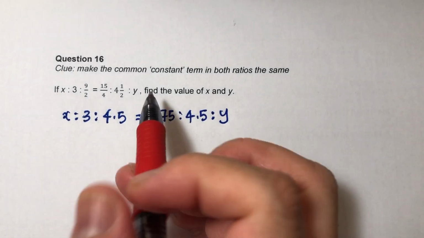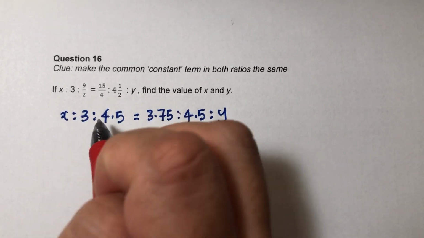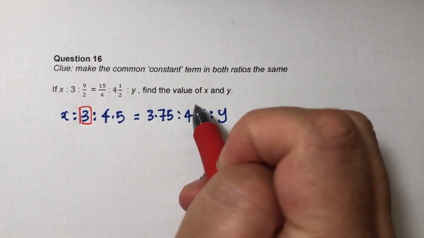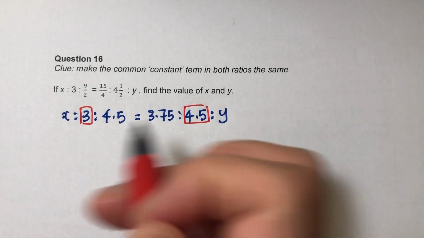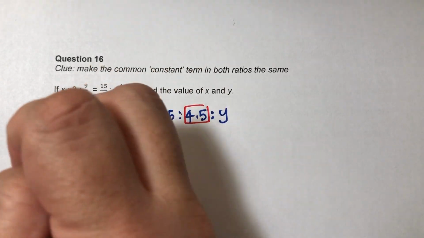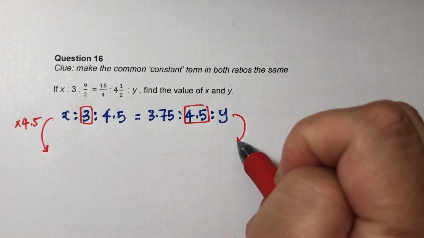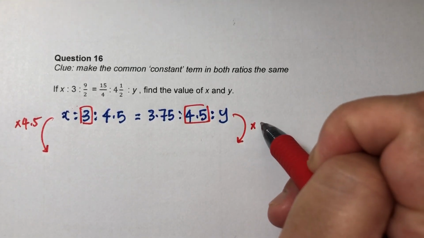Same thing, these two are equivalent ratios. So our objective, again, is to make these two terms the same. So one way is we multiply the ratio here by this factor 4.5, whereas we multiply the ratio over here with the factor 3.